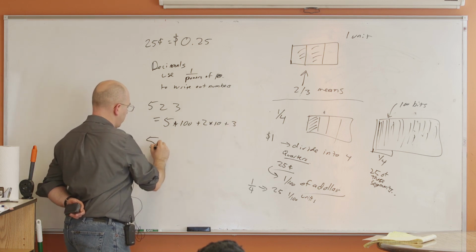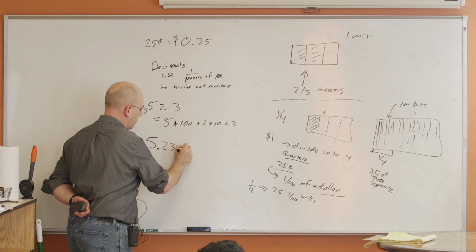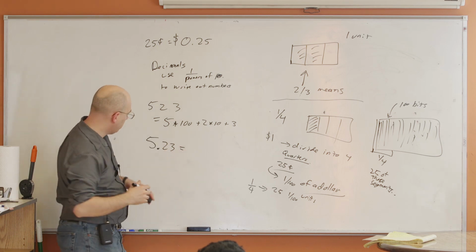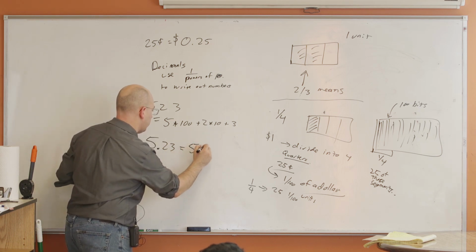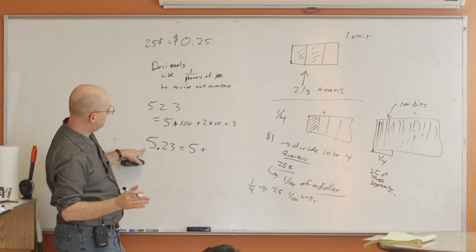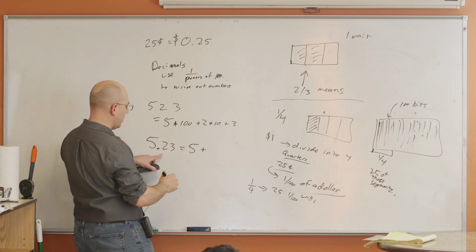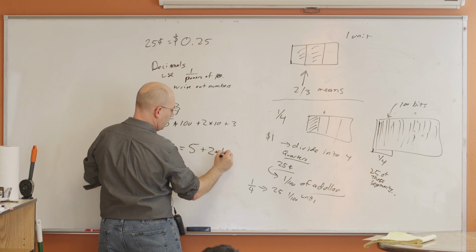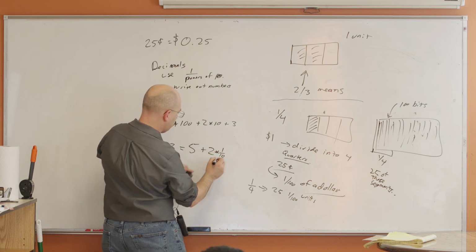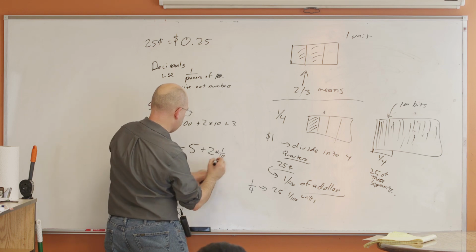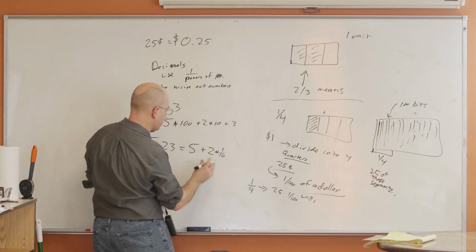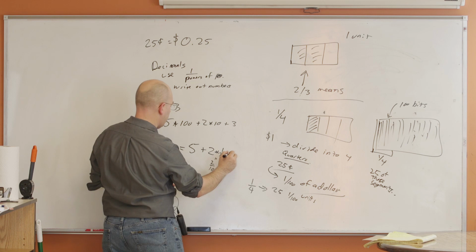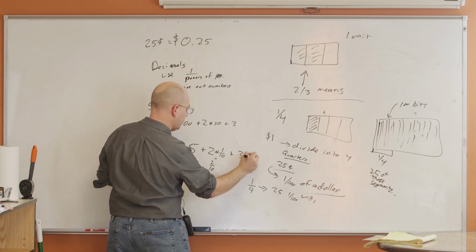Now, if I were to write 5.23, what that literally means is I still got the 5, it's just a single unit digit, plus 2 times sort of 1/10, or 2/10. And then 3 times 1 over 100.